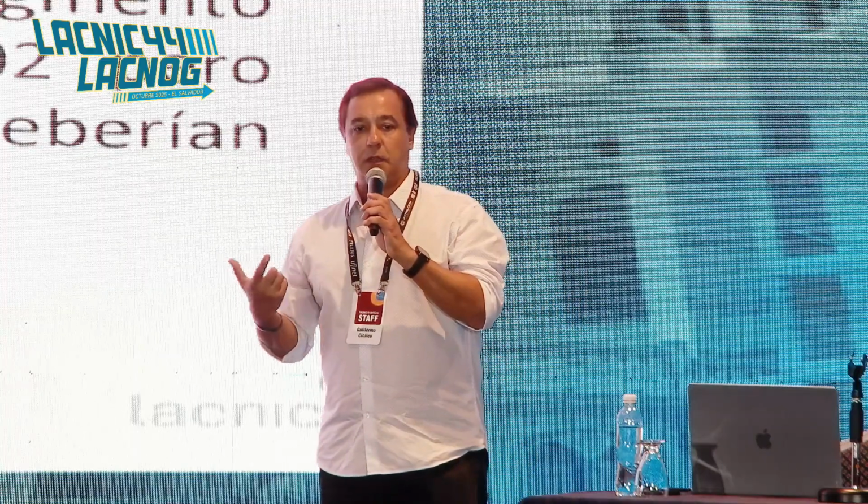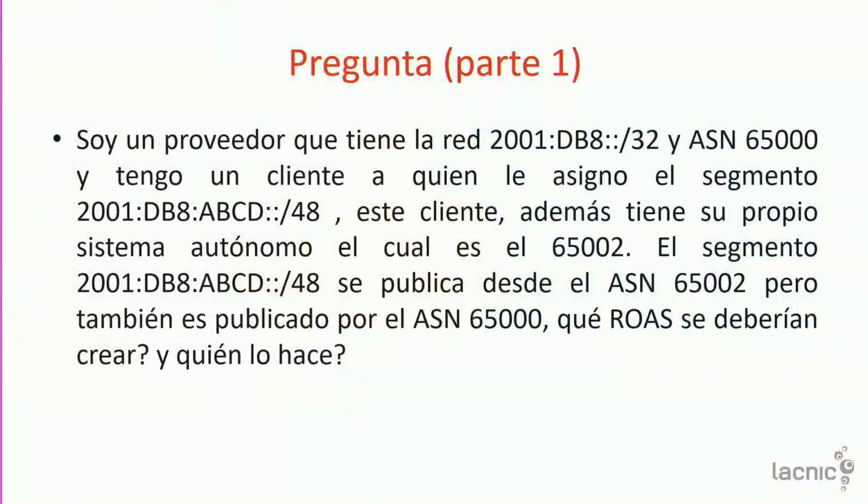But now the policy says that if the vendor has delegated that block to another operator, that second operator can create the ROAs and will be able to do so, well, in this case, the one with 48, if the operator who has the 32 has delegated upon them that block.